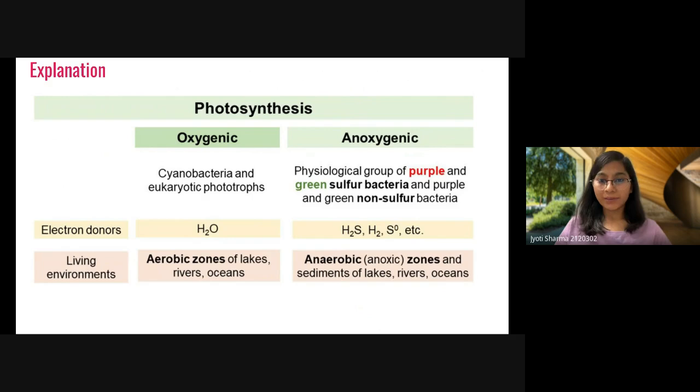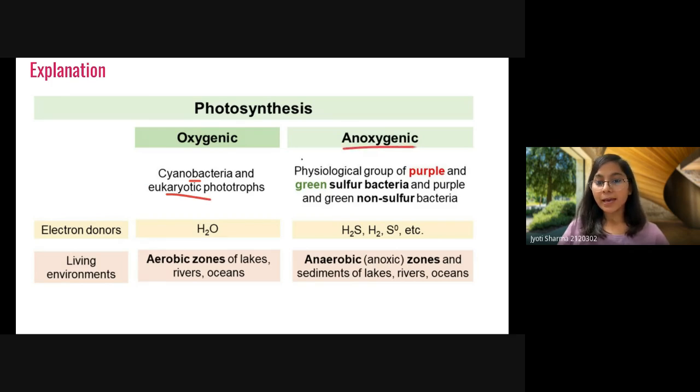And because there was the term oxygenic photosynthesis and anoxygenic photosynthesis, just see here, thank you Ganendra for the response. If we have oxygenic photosynthesis, this can happen in cyanobacteria and eukaryotic phototrophs.